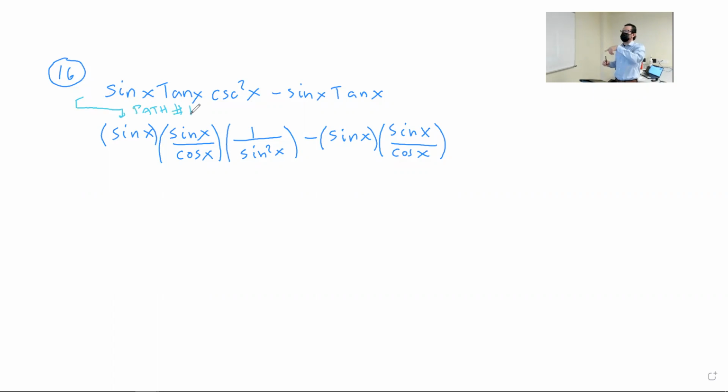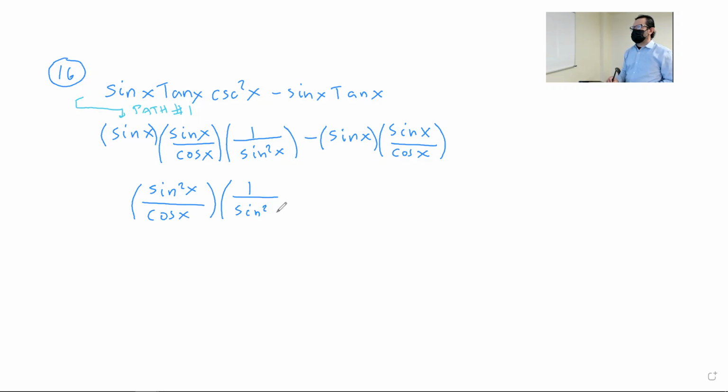And I'm going to finish this up. If somebody has identified the second way of doing it, let me know when I've finished and we'll do that as well. So here, if I multiply these two, I'm going to get sine squared of x divided by cosine of x, and I've got 1 divided by sine squared of x.